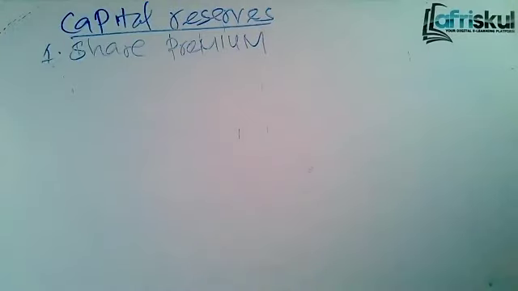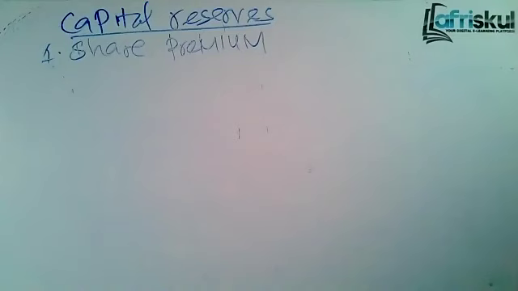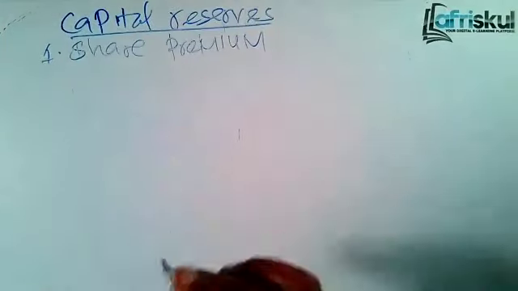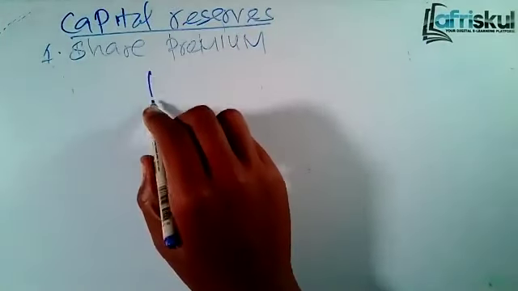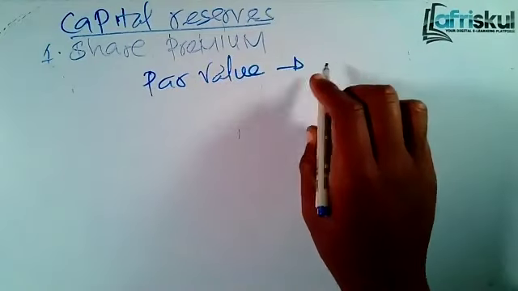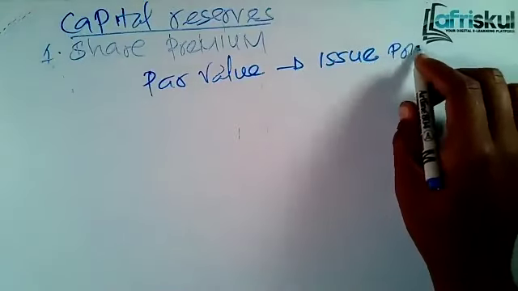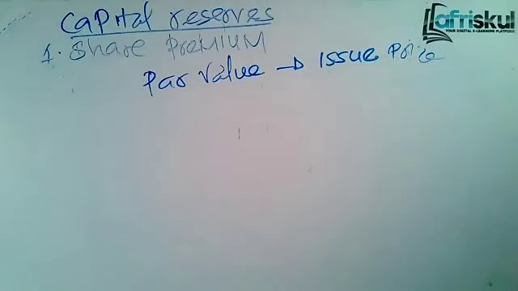The share premium is the amount when the shares are being issued at a value that is higher than the issue price. So in that case, you have to look for the difference between that value and the issue price. What you get there is what you take to the share premium account.